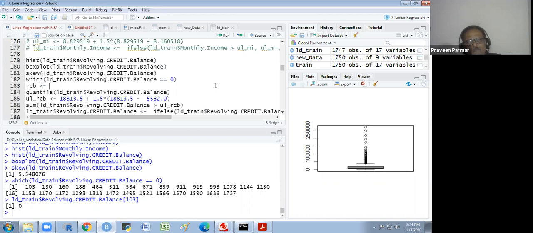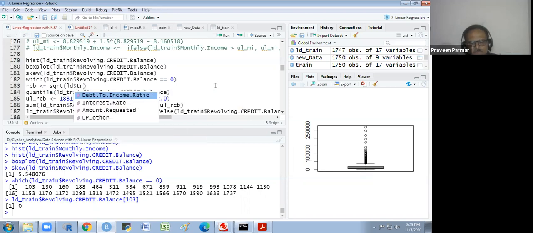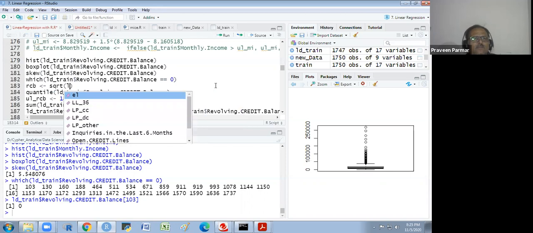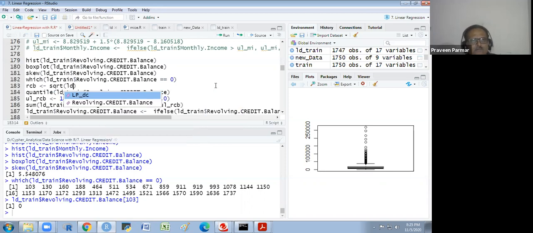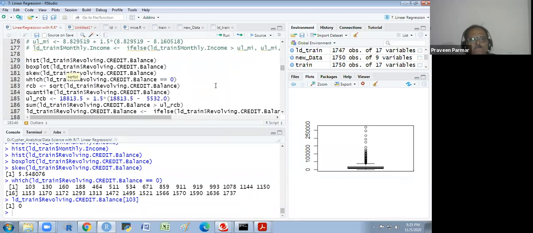And in RCB, I am using the square root of ND_trend$revolving. Sorry, not LD, ND_trend. Correct.